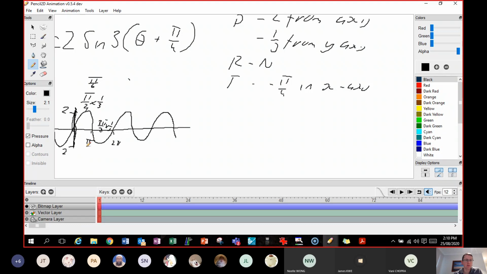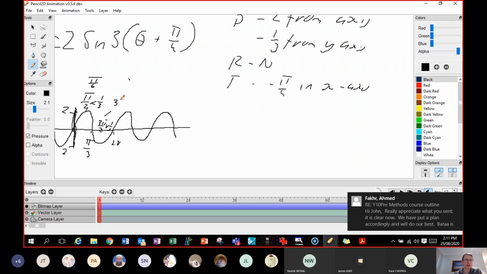This point here is going to be pi on 3. This point here, that was 3 pi on 2, so that's going to be 3 pi on 6. This was 2 pi, so that's going to be 2 pi on 3, and so on. You can do all of them if you like and just keep on going along with that.